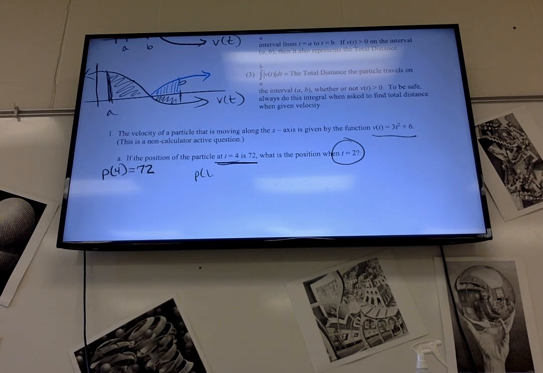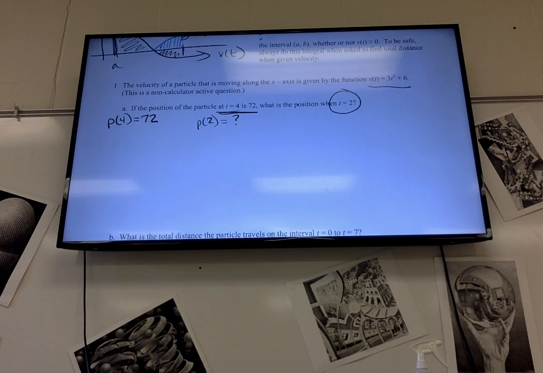And we want to know what is the position, P of t, at 2. So P of 2 is what we're looking for. How are we going to figure that out? Take the antiderivative of the velocity, which is 3t squared plus 6 dt. But what are the endpoints going to be? 2 to 4.